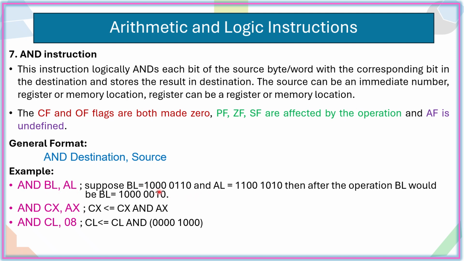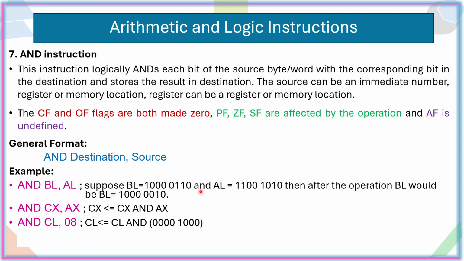So here, let us assume this is the content of BL and AL: 10000110 and 11001010. Now if I want to perform an AND operation, we all know the output of AND will be high only if both the bits are high. For example, this is the LSB of BL, bit 0, first bit, second bit, you can call it anyway.